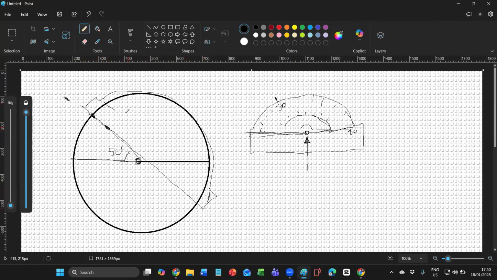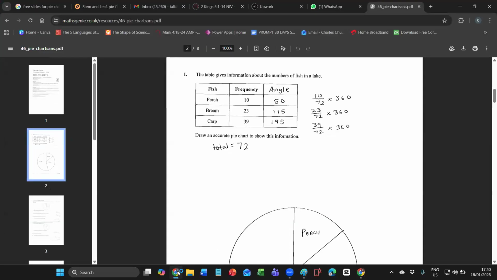Because I've rearranged it, the protractor will now be looking like this, so that it will match. I'm no more using the first line I drew. I'm now using the line I drew for 50 to get the next one for 115. Did you get that? Yes.